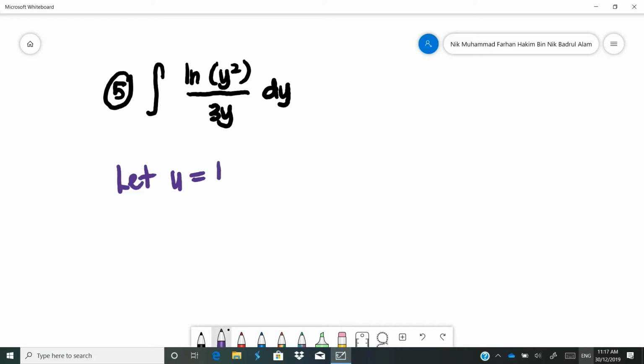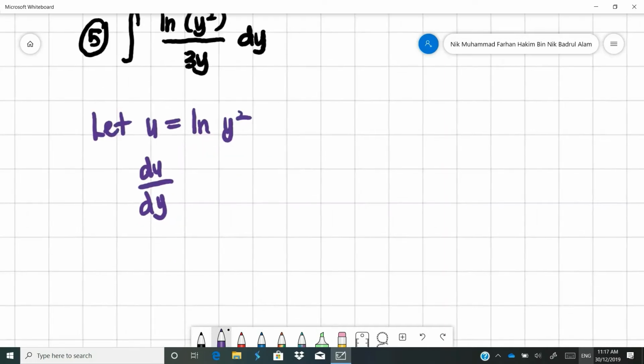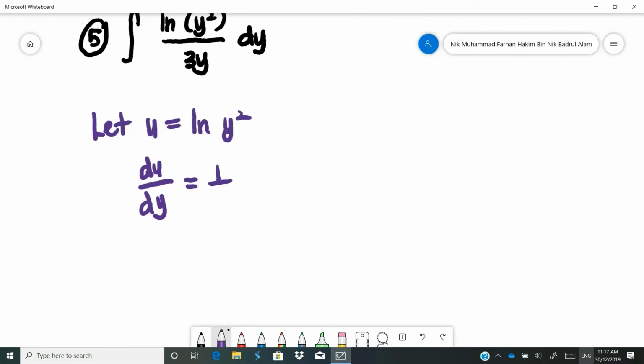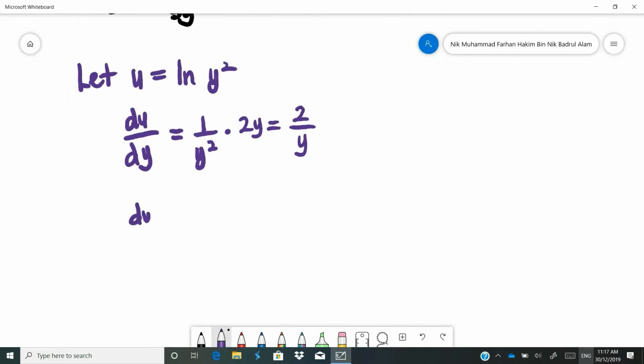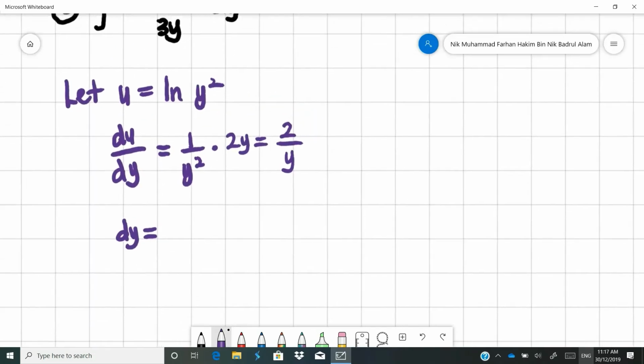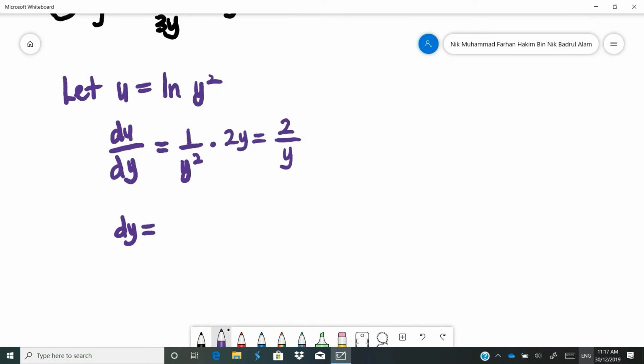Let's try choosing ln y square, so du over dy you'll get 1 over y square, and then differentiate y square, you get 2y, so you simplify this, you get 2 over y. Please make dy the subject, because in this case we use y as the variable. So now dy as the subject, we get y over 2 du.